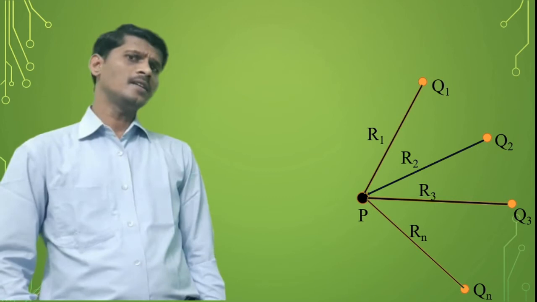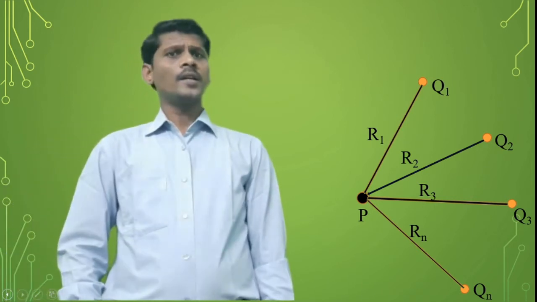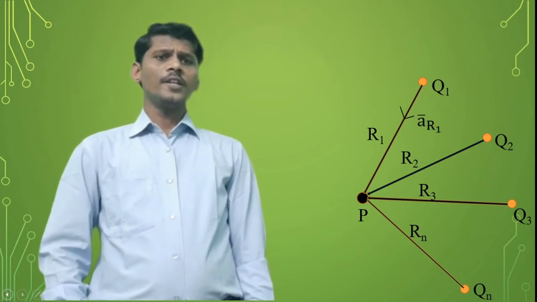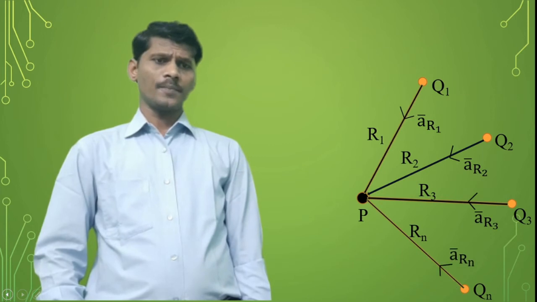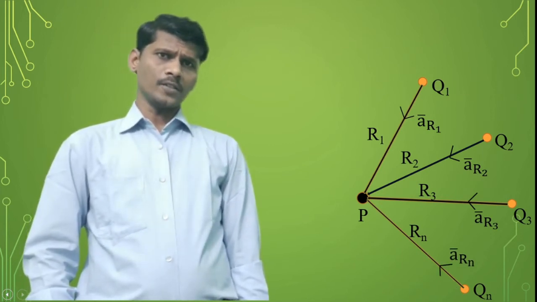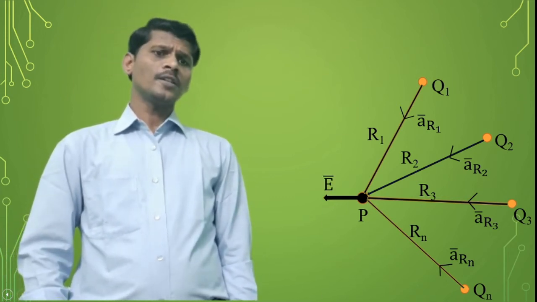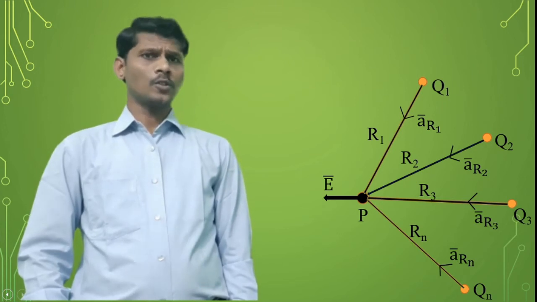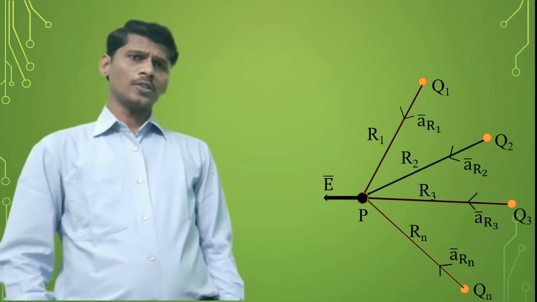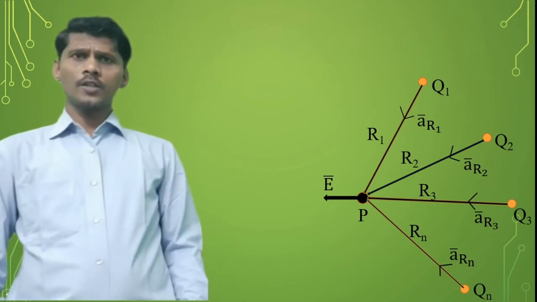So calculate the electric field intensity at point P due to an array of charges. First calculate the individual electric field intensities. Find the electric field intensity at point P due to charge Q1, due to charge Q2, and due to charge Q3.